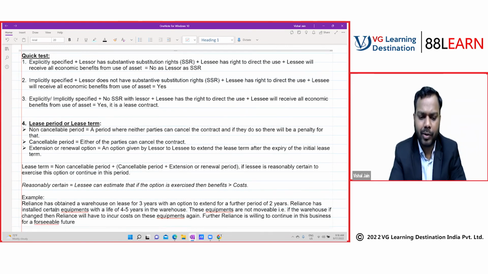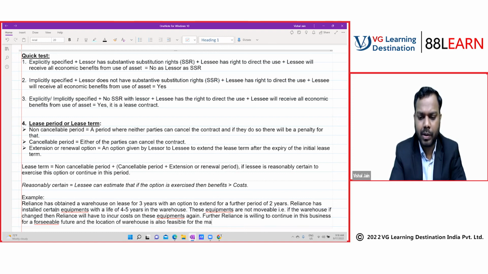For a foreseeable future, and the location of the warehouse is also good, also feasible in the market.